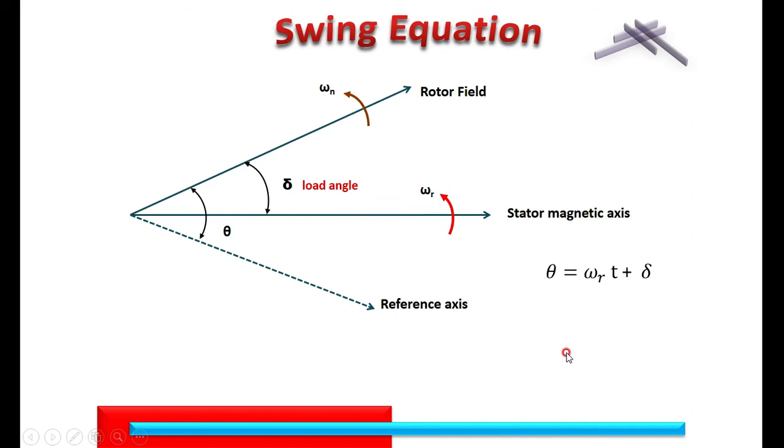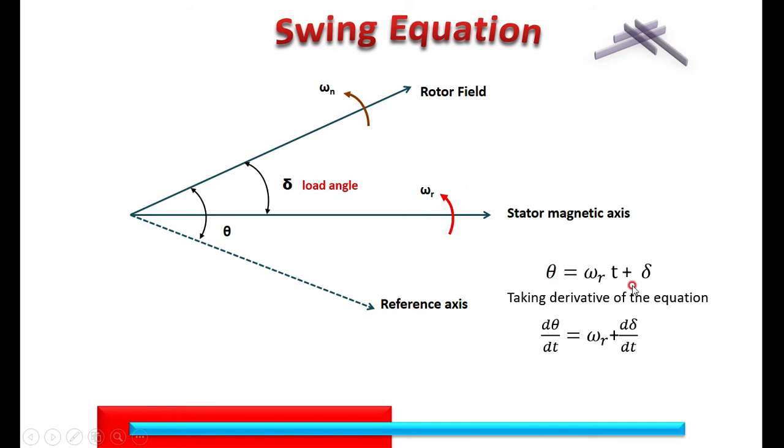Just for my calculation in the swing equation, I am taking the derivative of this equation, differentiating both sides with respect to t. What I get is d theta by dt equal to omega r plus d delta by dt.